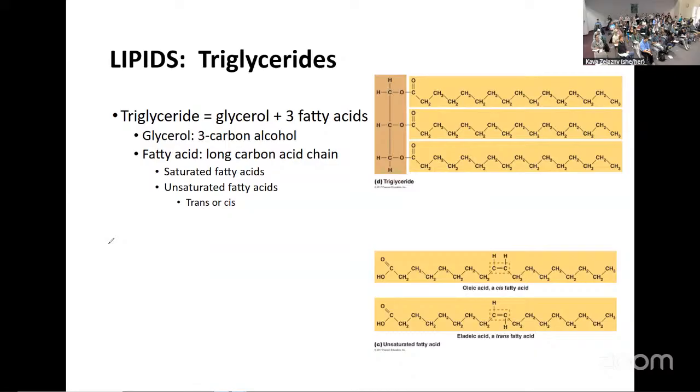Now, we do have different types of triglycerides, which you probably noticed if you look at a food label, because food labels will separate out sometimes our saturated fats from our unsaturated fats, even our trans fats as well, because different types of triglycerides are processed differently by your body, so they have different impacts on health, basically.